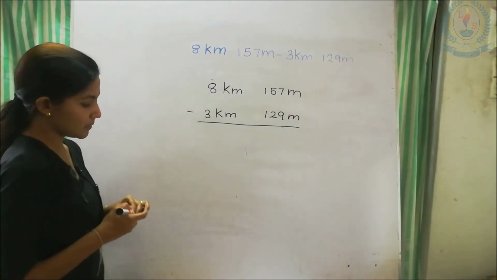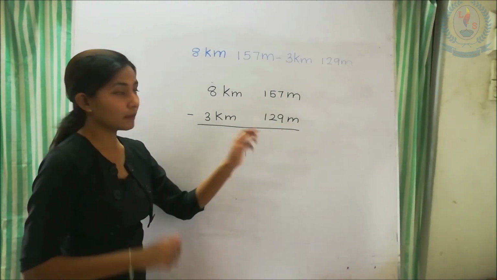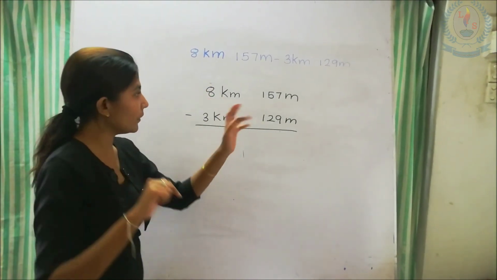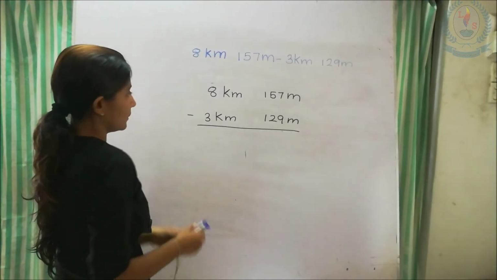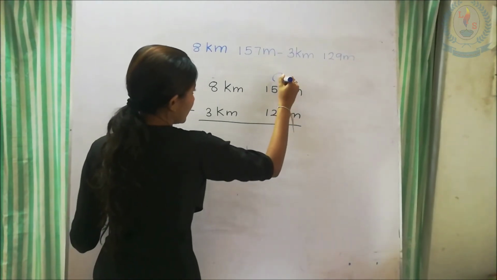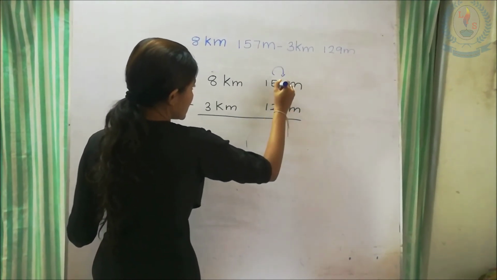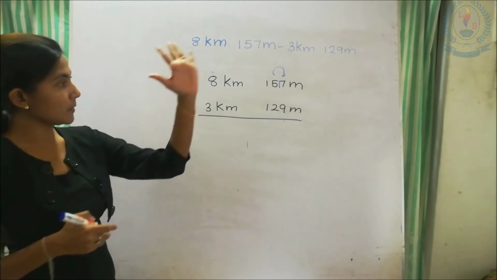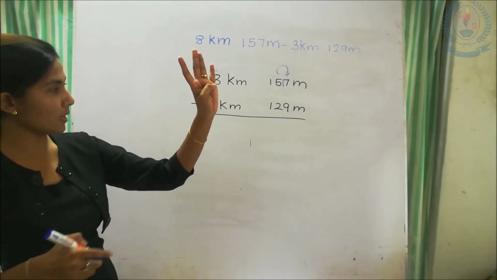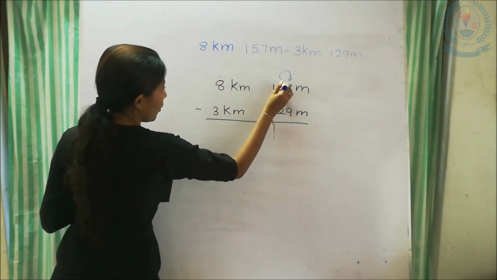Okay, right? From 7, can you remove 9? No. Then you borrow. From here, this becomes 17, and from this 5, you have to cut 1. It is 4.